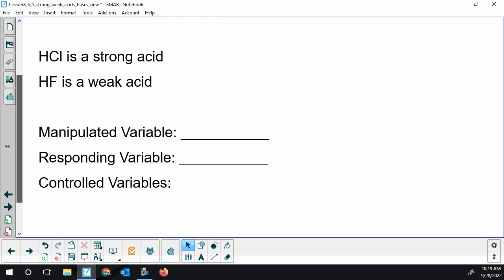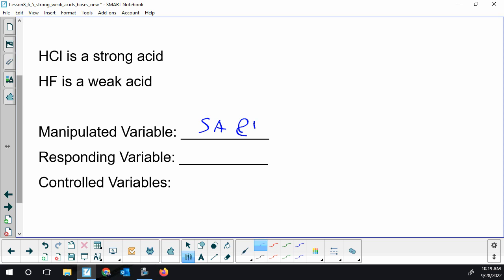What would we want to manipulate? What would respond? And then really, I'm going to make you think of the controls. What would you need to control? That's where we have just a white space. Now, the manipulated is inherent in the question. We're varying the strong acid and the weak acid.